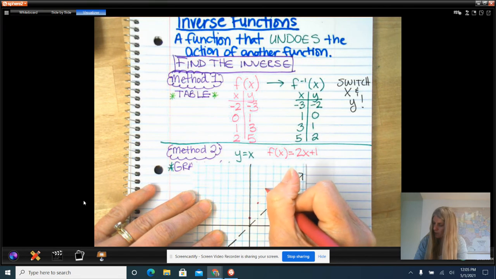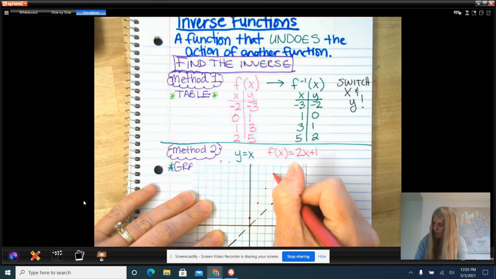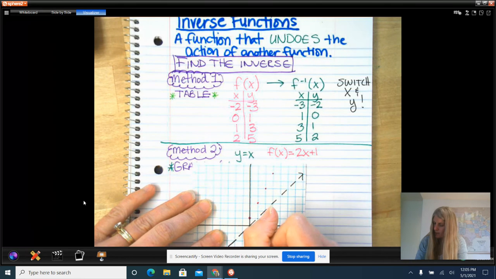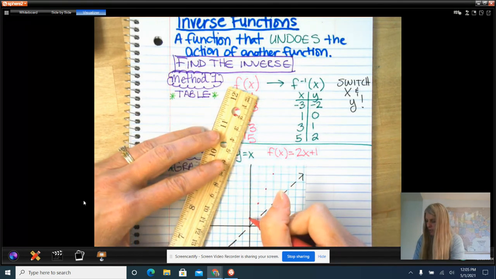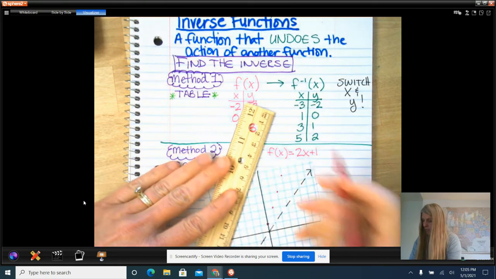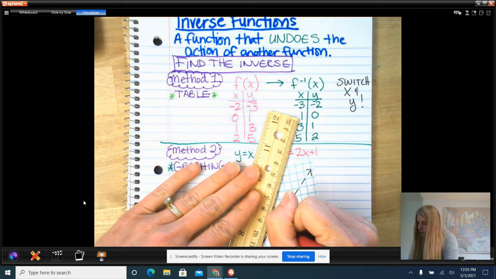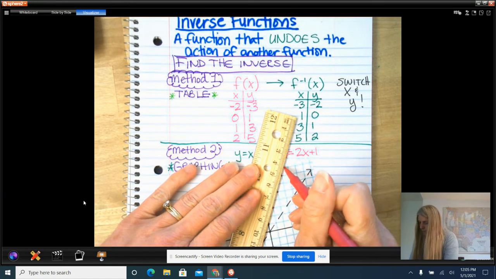Up 2 and 1 to the right. Down 2, 1 to the left. And we're going to go ahead and make that line that represents the equation f of x is equal to 2x plus 1.